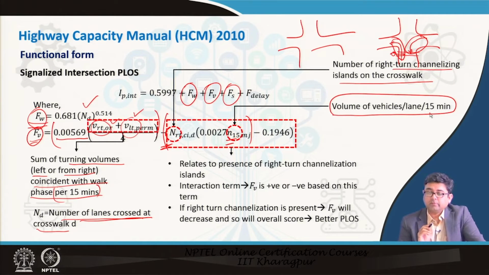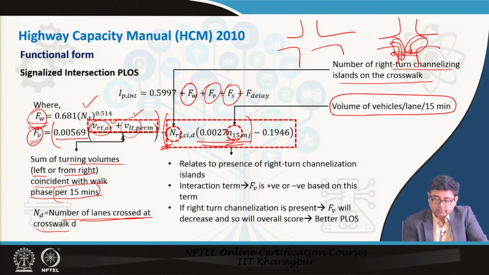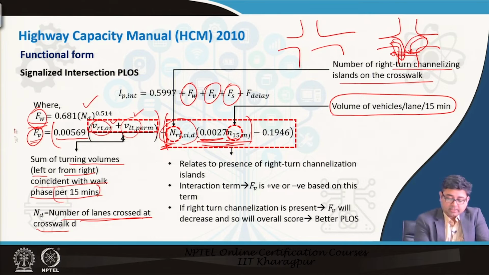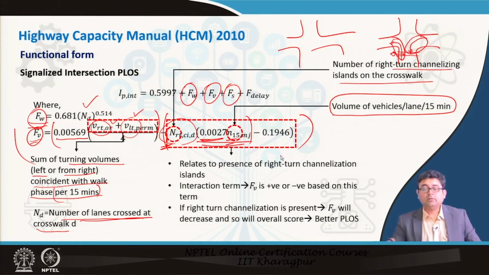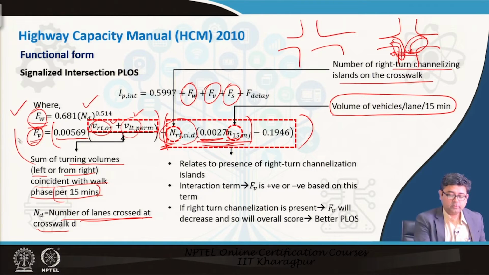So, if you know the volume of the vehicles per lane per 15 minutes, you multiply that by this factor and by the number of channelized lanes. This entire thing will now give you FV, the factor which determines the volume of vehicles on the road that you are trying to cross. Okay. So, now you know FW, you know FV.